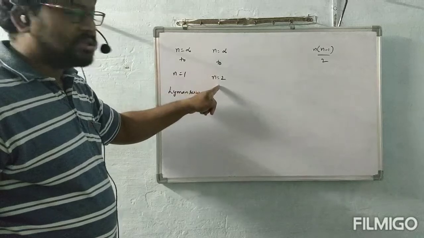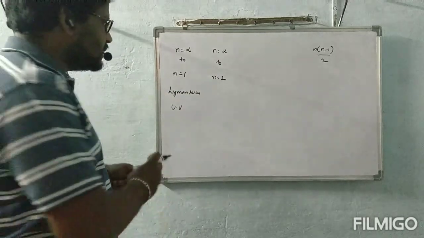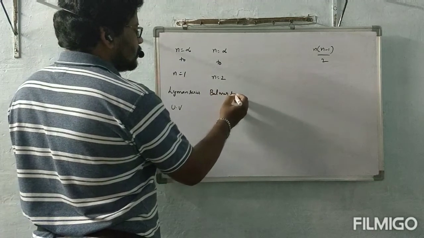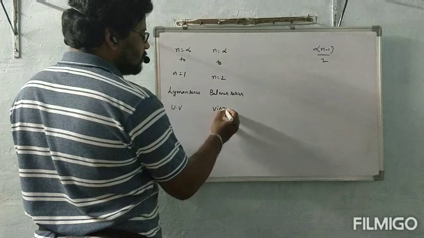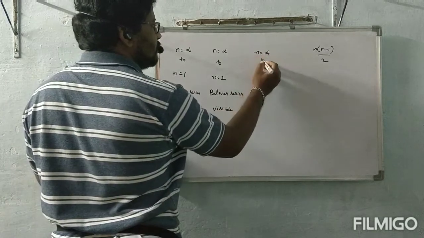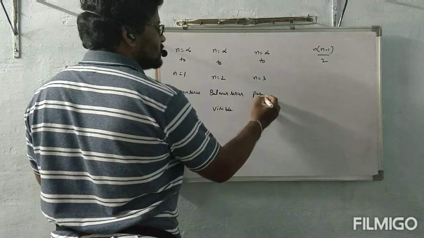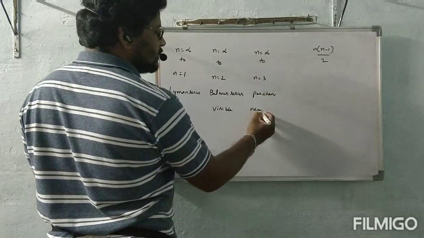Whatever the higher energy might be, 3, 4, 5, 6, 7 and so on up to infinity, if the lower energy is fixed at n is equal to 2, then that series is the Balmer series, observed in the visible region. N is equal to infinity to n is equal to 3 is the Paschen series, observed in the near infrared region.